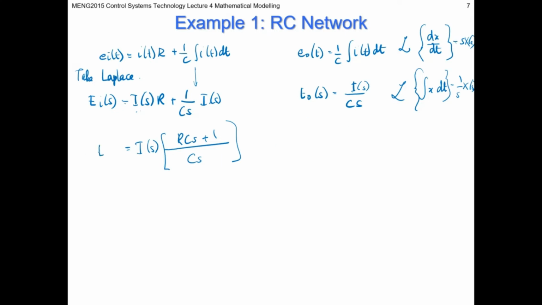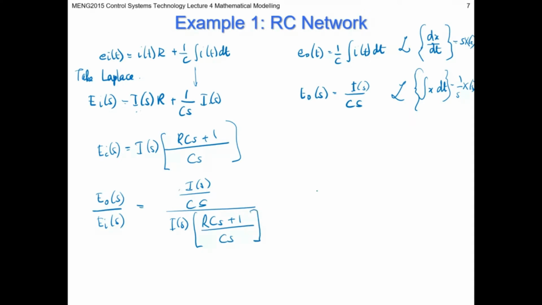Now we have an expression for our input and our output, so we can divide one by the other to get our overall transfer function. Our output over our input is going to give us I(s) over Cs over I(s) times (RCs plus 1) over Cs.